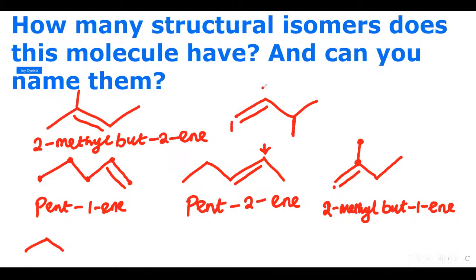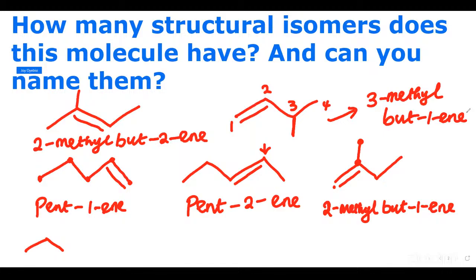This is 1, 2, 3, 4. So when you name this, the name will simply be 3-methylbut-1-ene. So you see the difference? Because the functional group gets the priority when numbering, you're definitely going to start your counting from here.